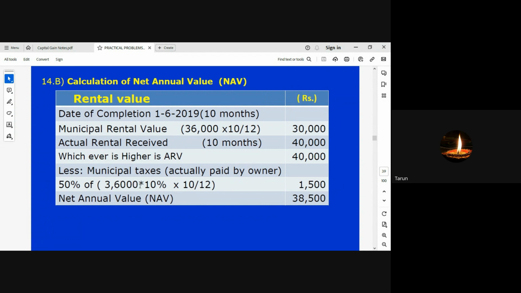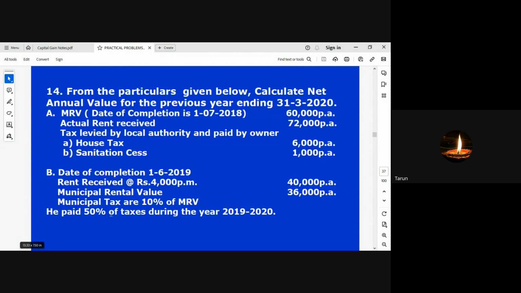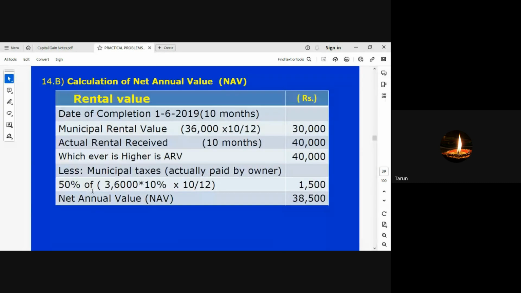The municipal taxes paid by the owner are 3,000 rupees, paid to the authority. But according to the question, he paid 50% of the taxes, so we have to deduct 50% of 3,000, that is 1,500.